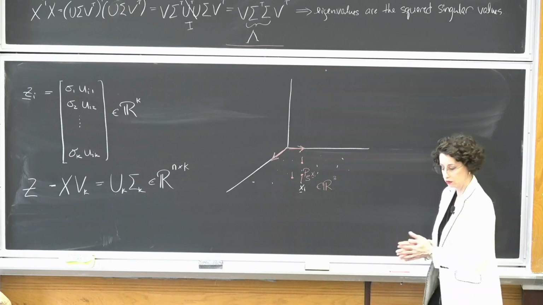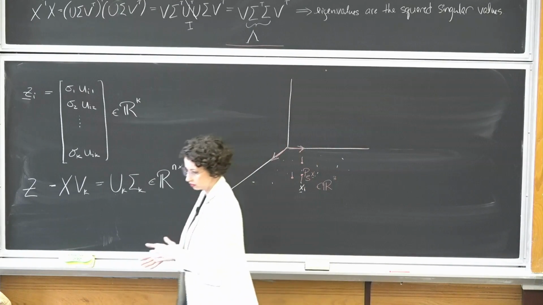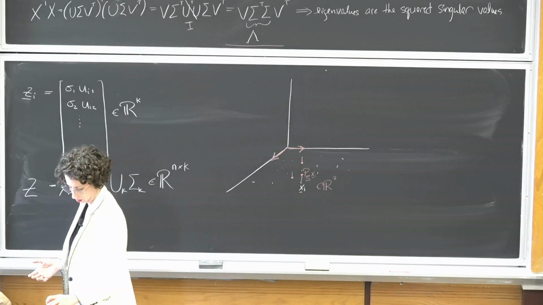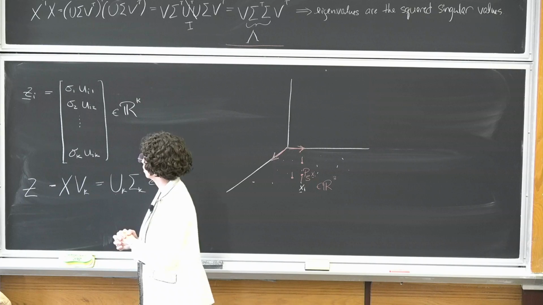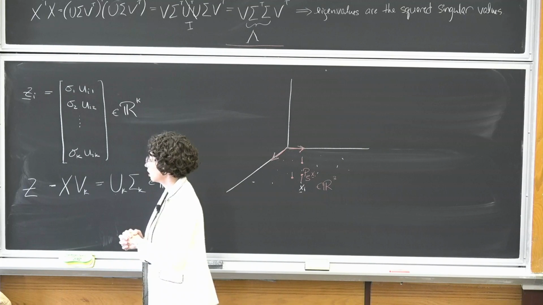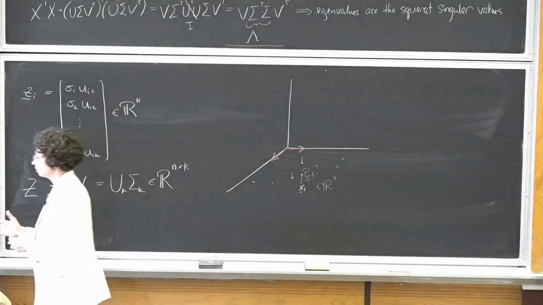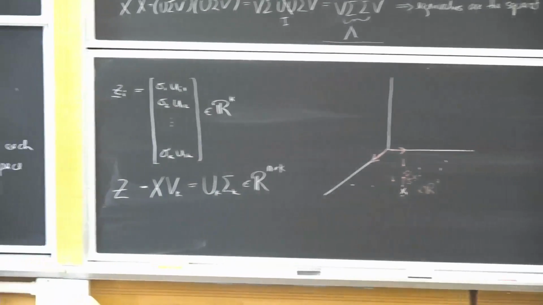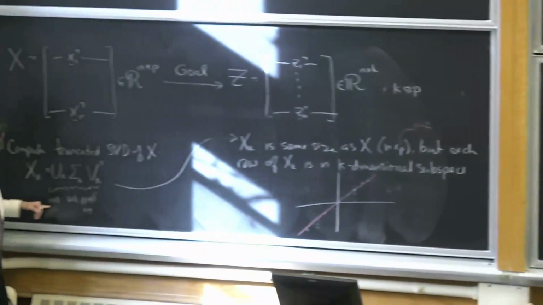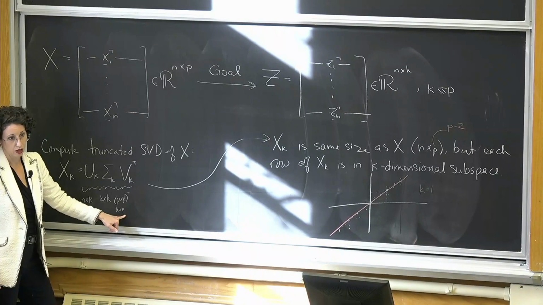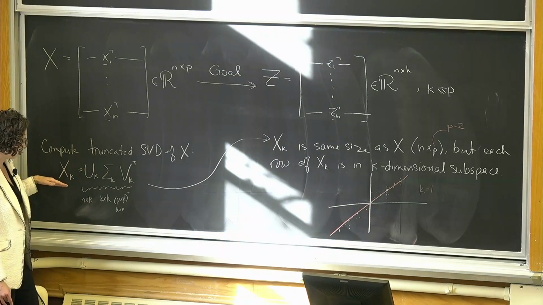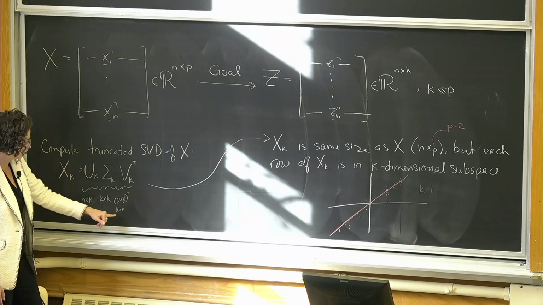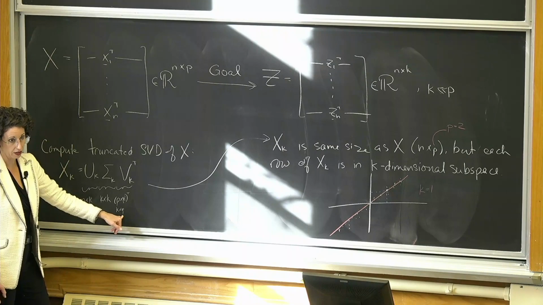Yeah. Why are we using this Z instead of just the truncated SVD? Aren't they representing the same information? So with the truncated SVD, when we computed this, we are getting a matrix that's still n by p. Each of the rows of xk here are in a k-dimensional subspace, but I'm still representing them with p coordinates.